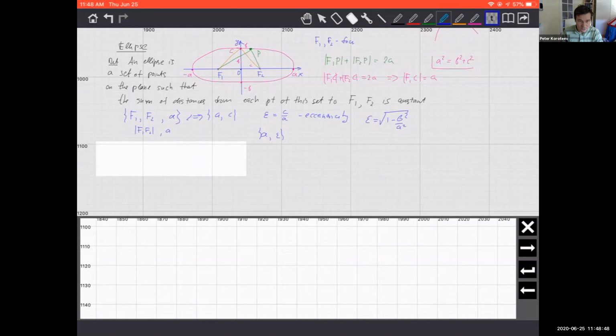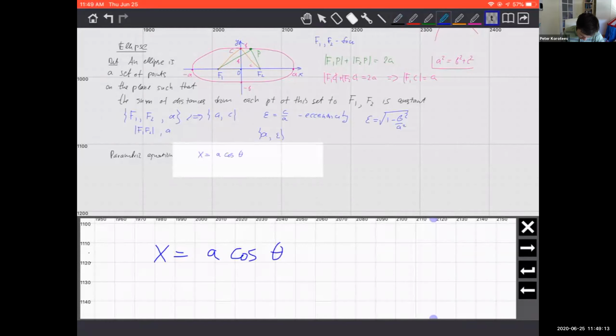Now we can write the equation for the ellipse, right? We already did it in the first lecture. So the parametric equation will be x equals a times cosine theta, and y is equal to b times sine theta.